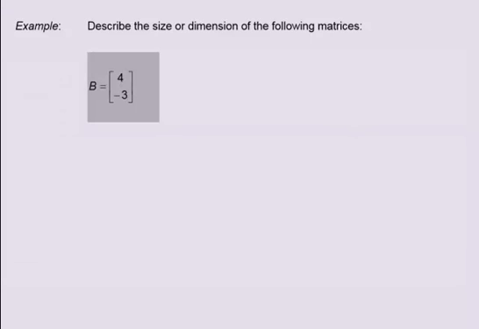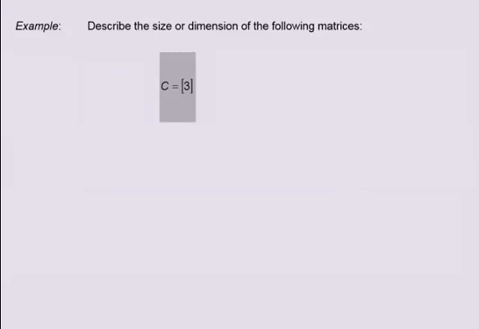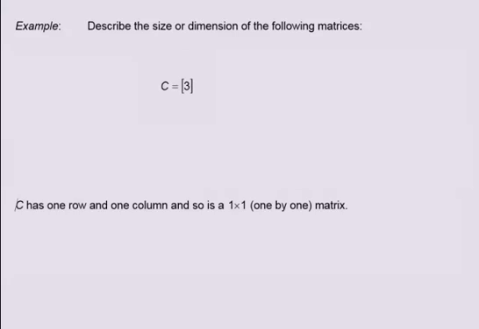B equals 4, minus 3. B has 2 rows and 1 column, and so is a 2 by 1 matrix. C equals 3. C has 1 row and 1 column, and so is a 1 by 1 matrix.